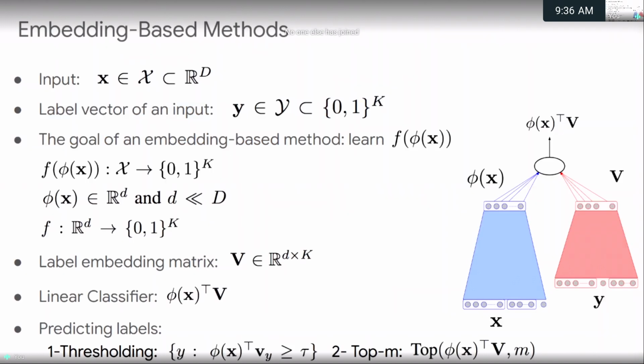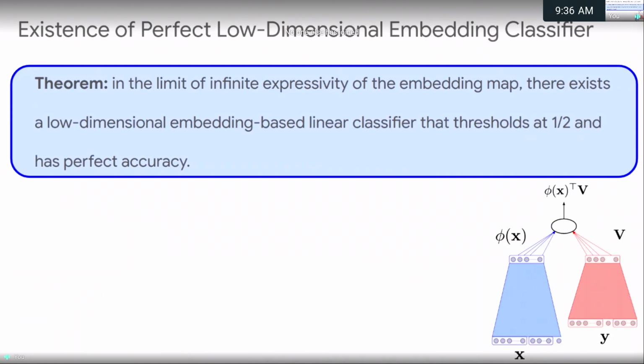Remember this model that I talked about here. So we have a low-dimensional embedding-based linear classifier that thresholds at half and has perfect accuracy. This theorem basically says that if we can have any sort of embedding map, then we can have a perfect classifier, even in large output space, even with 25 million classes.